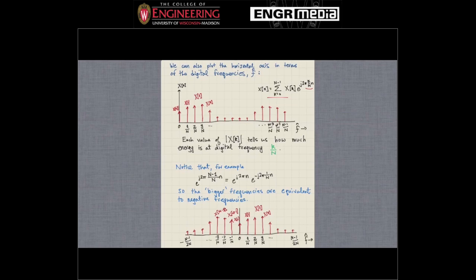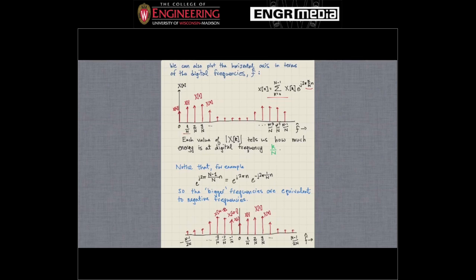So all I've done now is plot this horizontal axis in terms of f hat, the digital frequency. Capital X of 0 is at a digital frequency of 0 cycles per sample, and the next value, capital X of 1, is at a digital frequency of 1 over n cycles per sample, and so on.